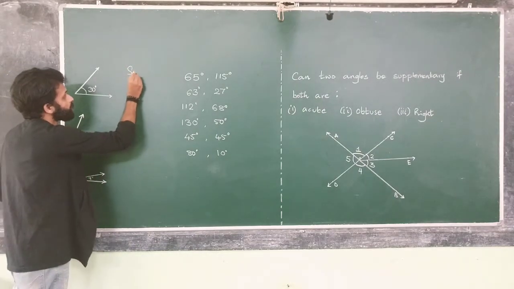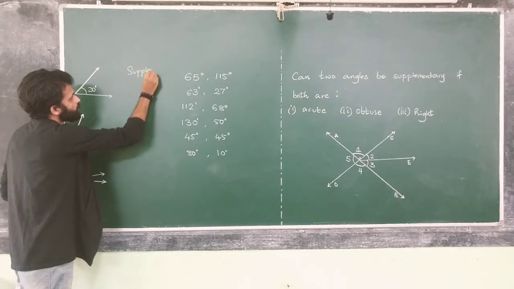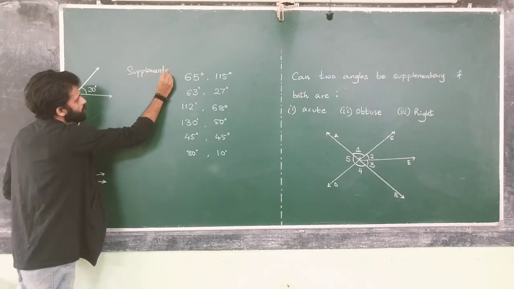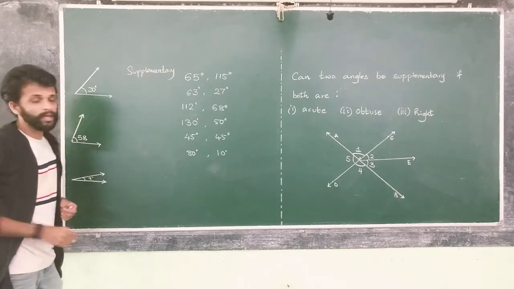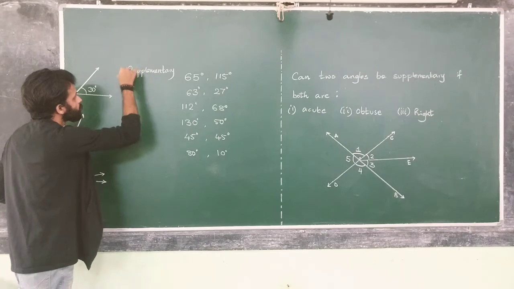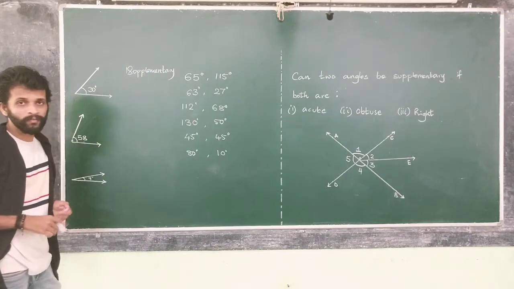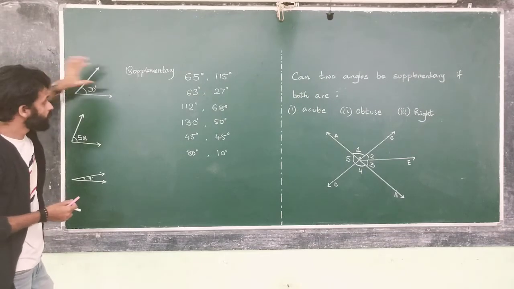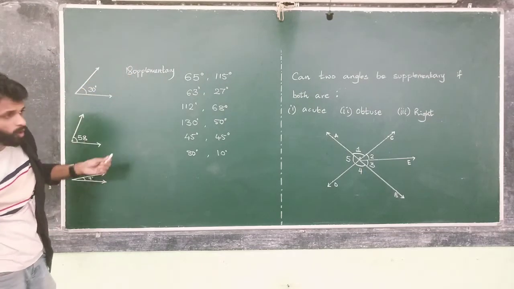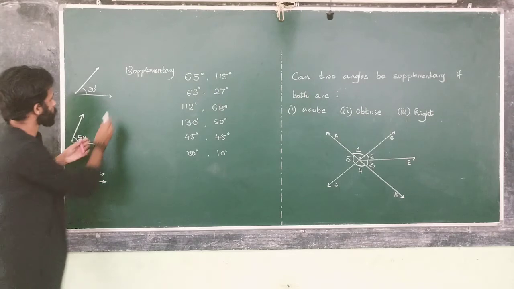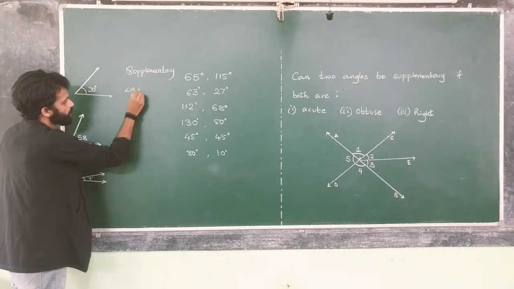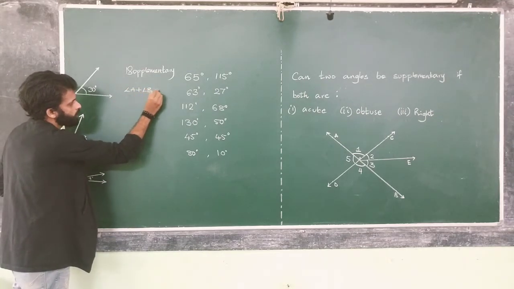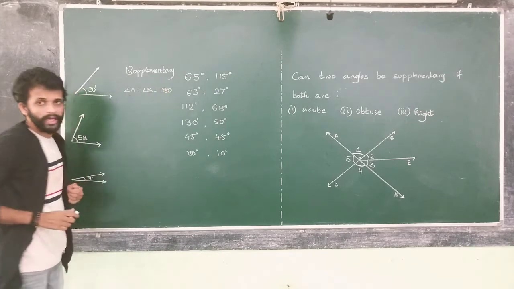Supplementary means 180. The sum of this angle plus another angle has to give me 180. So this would become angle A plus angle B is equal to 180.